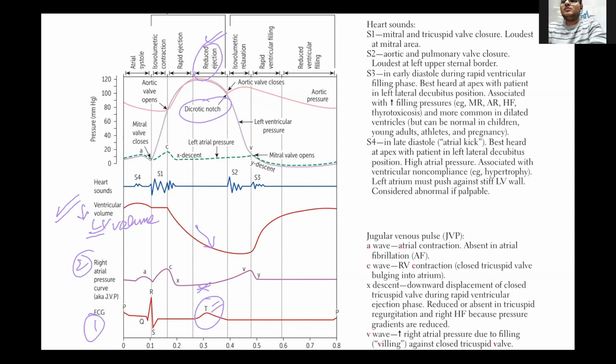This is the phase where the aortic valve closes. That is called the dicrotic notch. Okay, so this was reduced ejection. Now we discussed all the phases of systole. What did we discuss? We discussed atrial systole, isovolumetric contraction, rapid ejection, and reduced ejection.